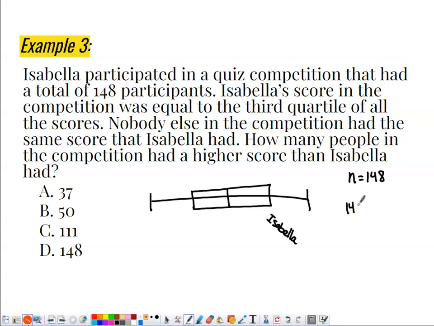So 148, if I divide that by 4, you can use a calculator to see that each section contains 37 students, right? So we know that this section contains 37, this also contains 37, and 37. So how many students, or I'm sorry, how many people had a higher score than Isabella? We see that 37 students had that higher score, meaning that our answer has to be option A.